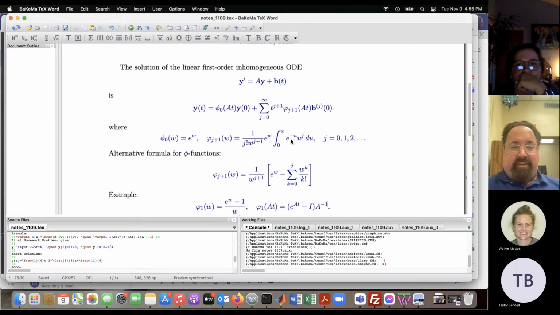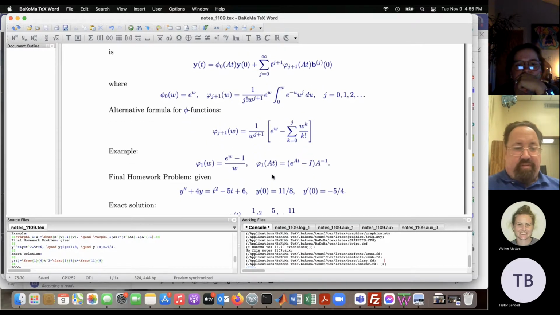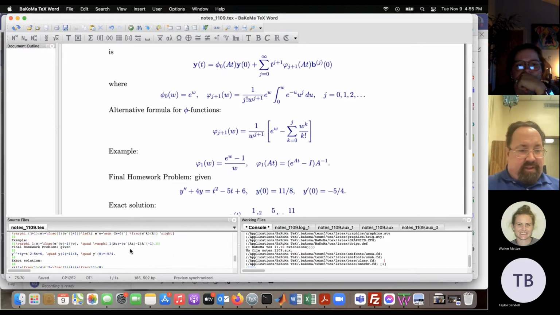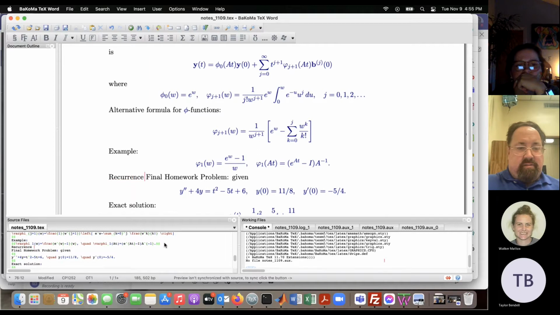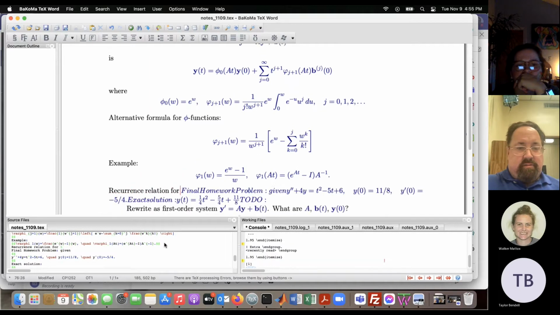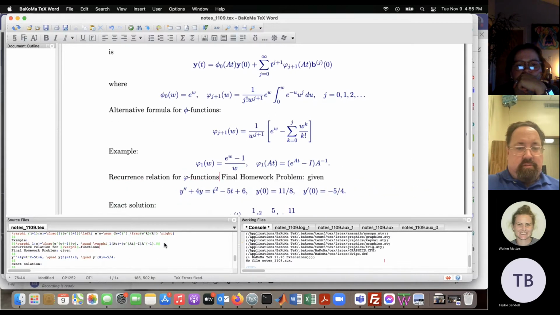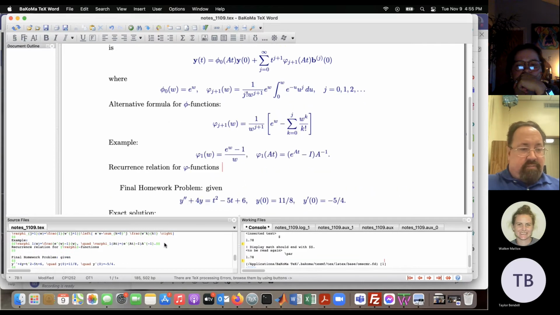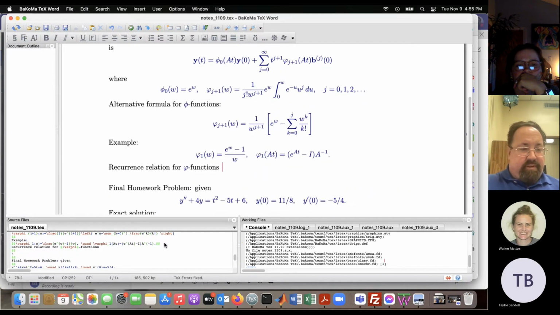Don't forget that. So if I fill in a recurrence relation, that might simplify things a little bit.